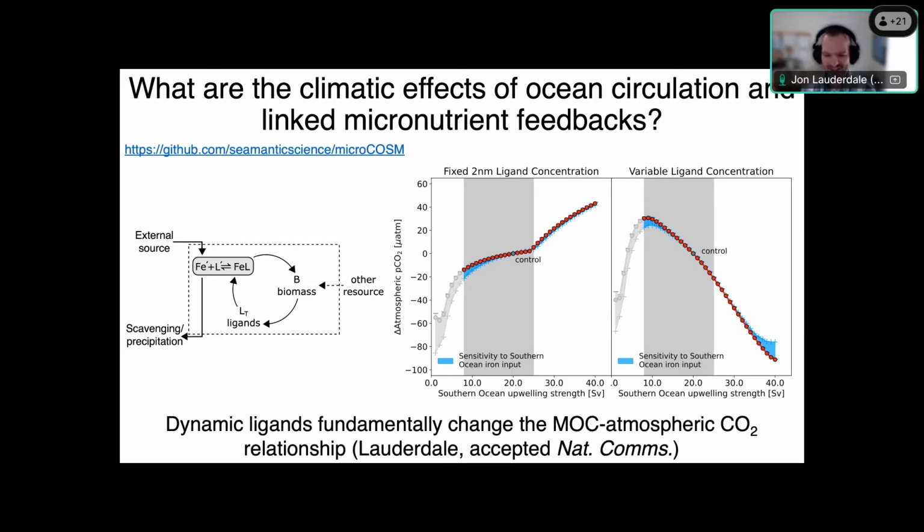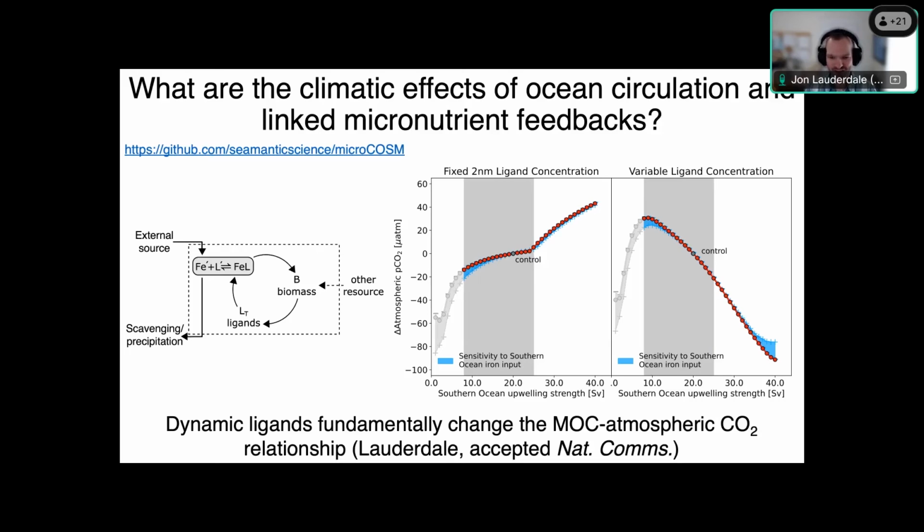So yeah, we've known about that for about the last 40 odd years. But now if you turn on the variable ligand parameterization, what you find is actually the opposite relationship between the MOC strength and atmospheric CO2. When you strengthen the circulation, you're bringing more carbon and nutrients up to the surface.